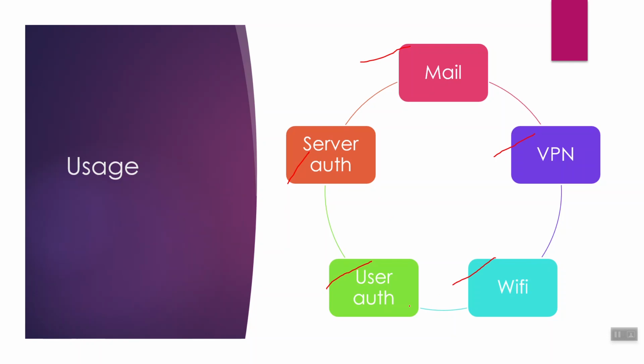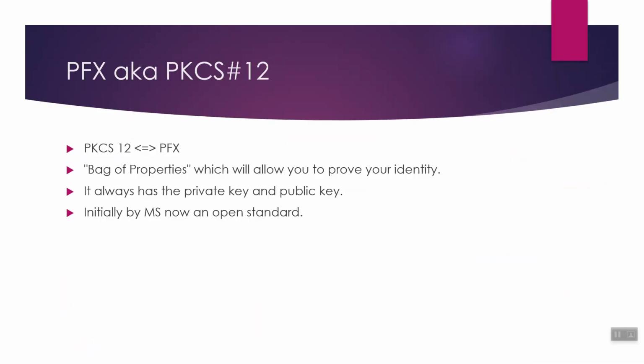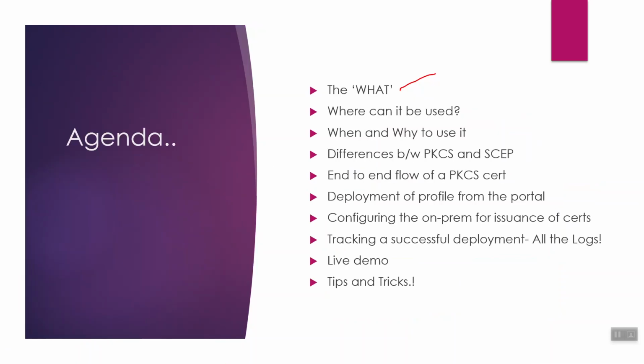If the end goal is that the corporate user should be able to connect to Wi-Fi seamlessly, or connect to VPN, or encrypt their email, or prove their identity, or the server has to prove its identity, then in that case we can make use of a PKCS certificate by deploying a PKCS profile, and it would meet our end goal.